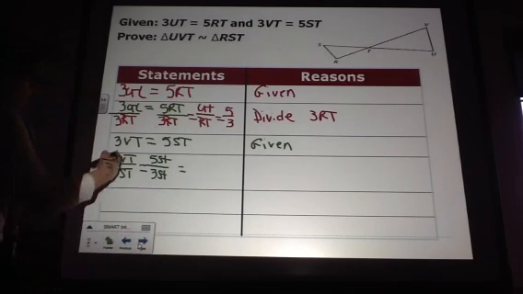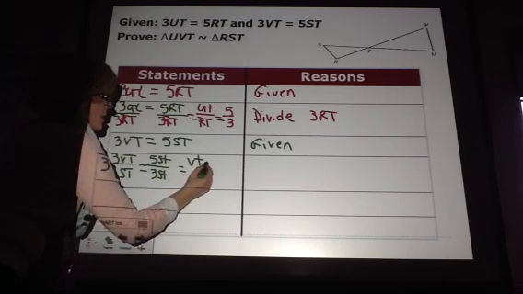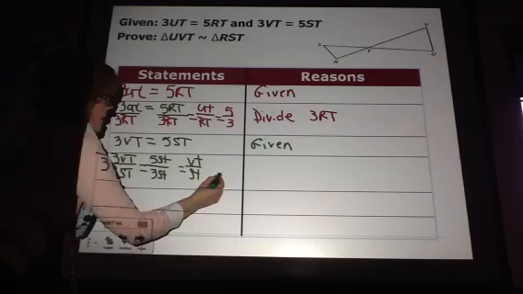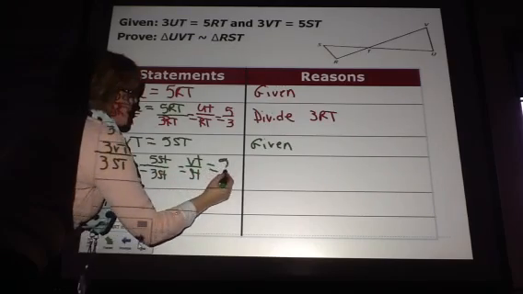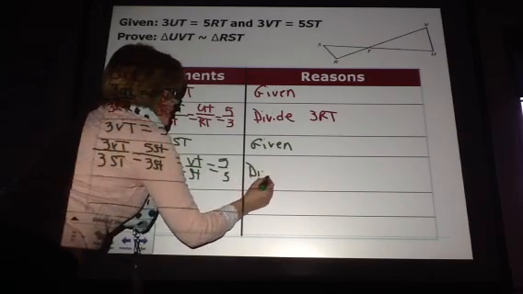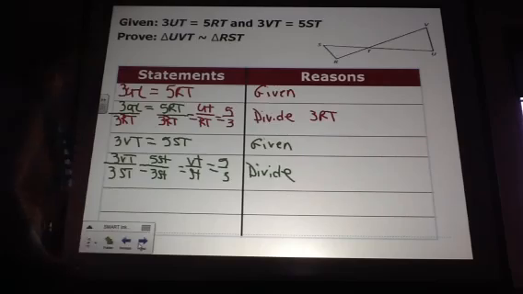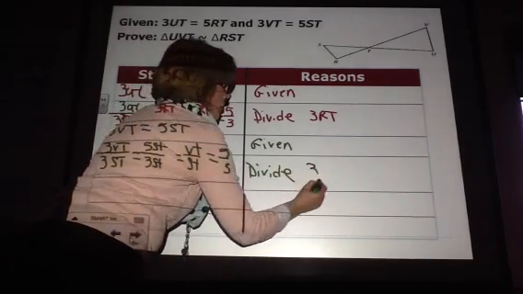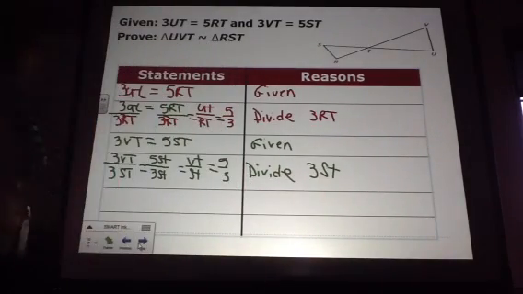Okay, so this ratio simplifies to VT over ST equal 5/3. Reason is we're dividing by 3ST. Okay, two corresponding sides equal to each other.